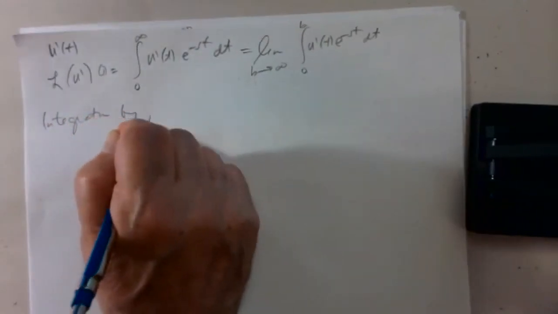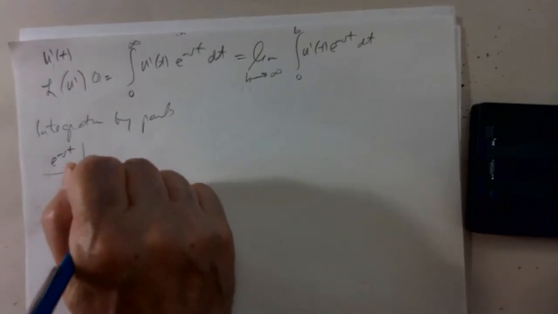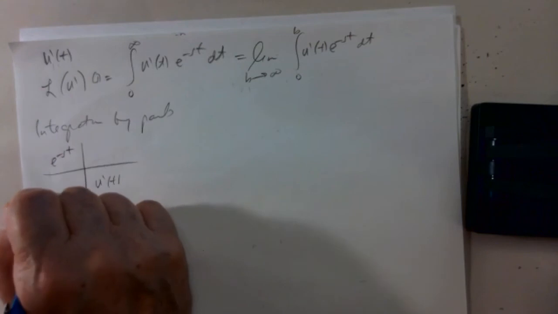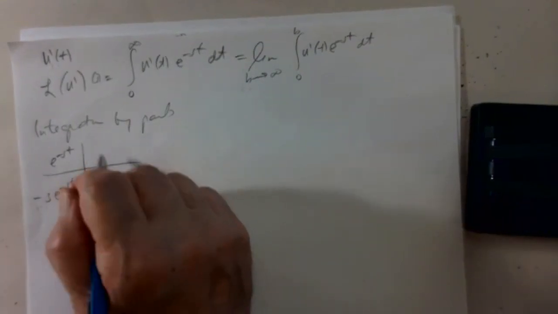So again, let me use integration by parts. I'll put e to the minus st there and u prime there. So here I put the derivative with respect to t, minus s e to the minus st. And here, the antiderivative of the derivative is u of t.